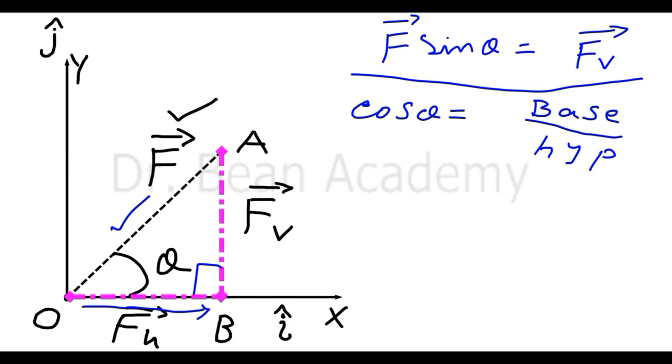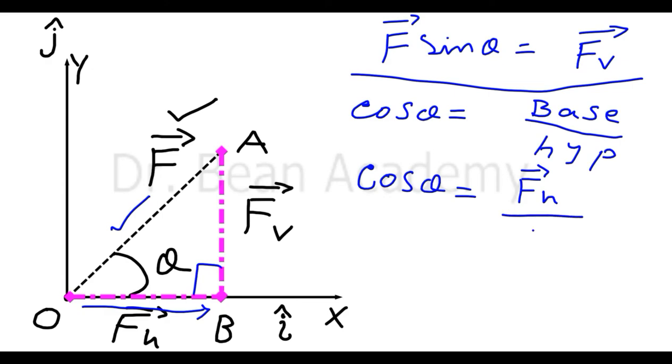Now if I plug in the values of base and hypotenuse into this equation, I will find that cosine of theta is equal to the base, which is the horizontal part of our right angle triangle, and I labeled it as F_H because it is the horizontal component of F.